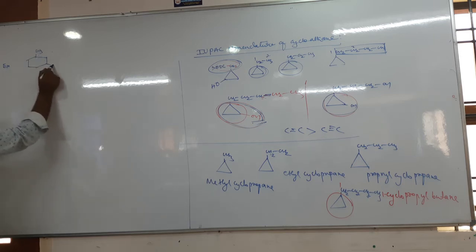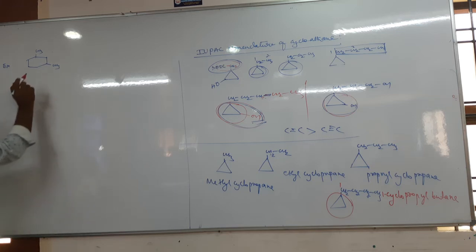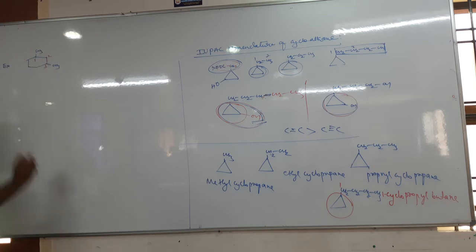Example, take this. Assign the lowest number. Tell me, it is a cyclohexane. Cyclohexane is the parent chain, right? Now numbering is 1, 2, 3. If you take from this side, 1, 2, 3, 4, 5 comes, right? So assign the numbering in such a way that the substituent should get the least possible number.